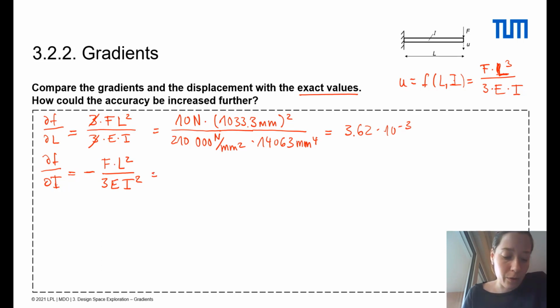We do the same for the second partial derivative. And that's of course to the power of 3, because that doesn't change.